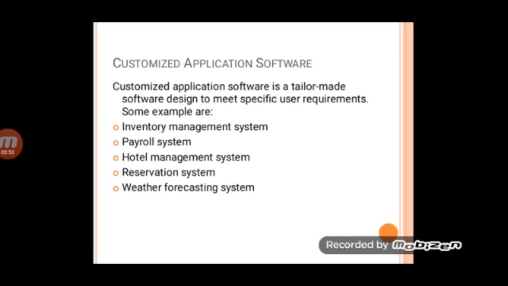All of you have seen this type of reservation system. Nowadays railway tickets are booked online. This is called the customized application software. A weather forecasting system forecasts the weather on the basis of collected data.